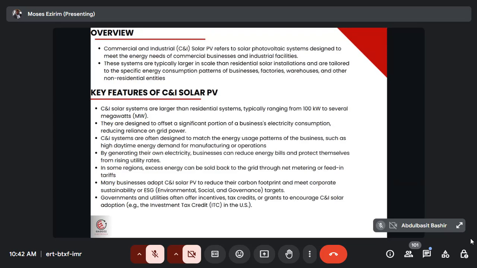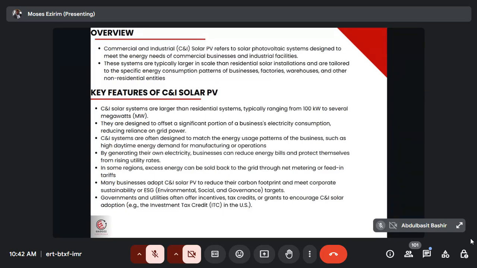But with the advent of carbon footprint and sustainability goals, trying to reduce the carbon footprint by X amount, every organization now has a department that is talking about ESG, that is environmental, social and governance. So every organization now has those goals.